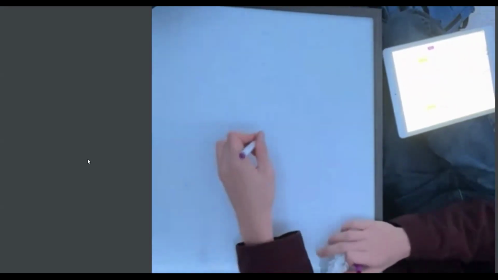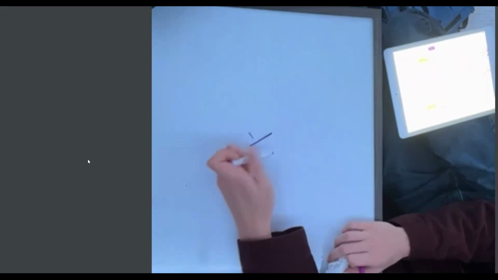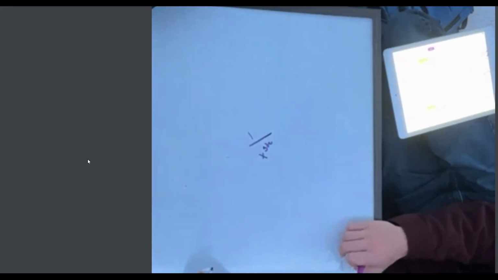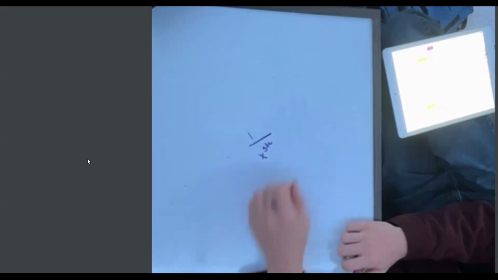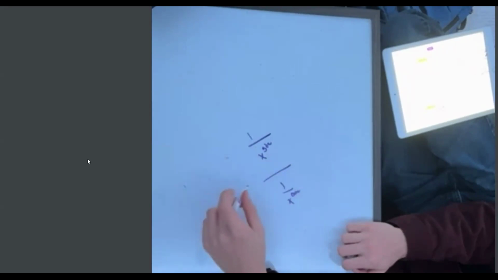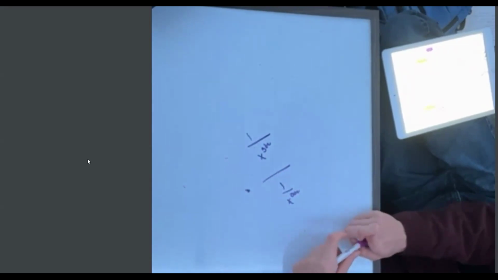And remember what you do is you multiply everything by 1 over x to the power of the greatest denominator exponent. You do that for the numerator and denominator, or whatever it is.